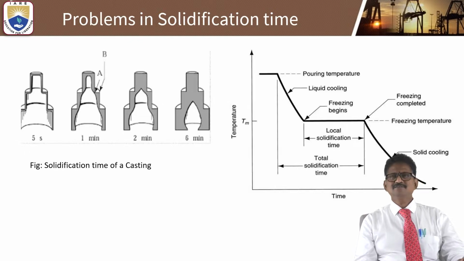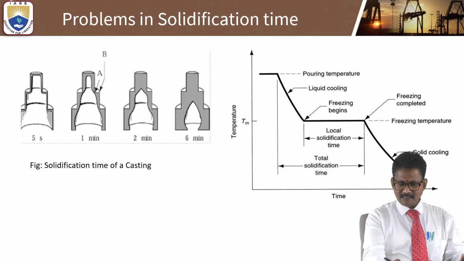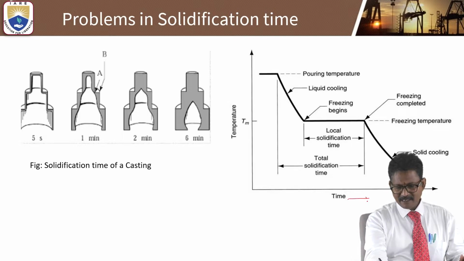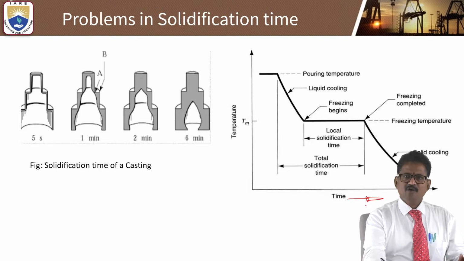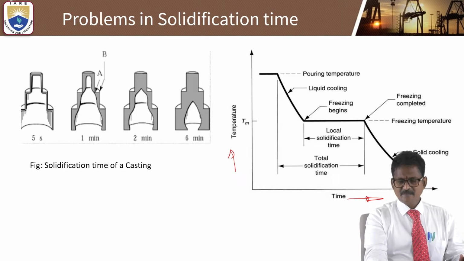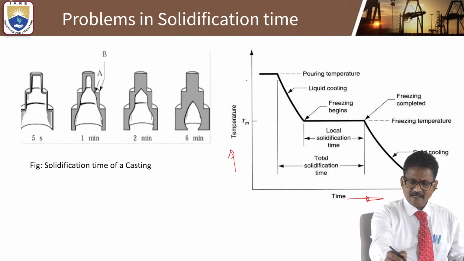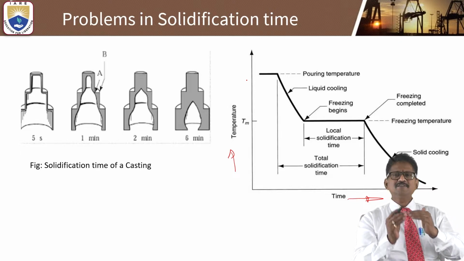In this solidification time problem, let us see the concepts involved. In general, the x-axis is time and the y-axis is temperature. Here there is a high pouring temperature, and once it has reached the high temperature, we should provide some cooling.